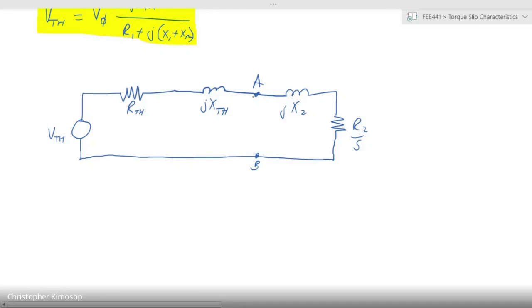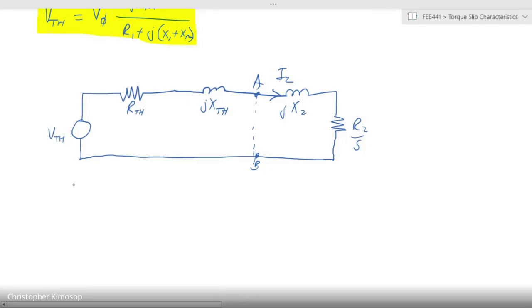Now, remember at this point, we have our current I2 coming in. That means if we know the Thevenin voltage, resistance, and reactance, the same current is flowing through all the elements of our new equivalent circuit.